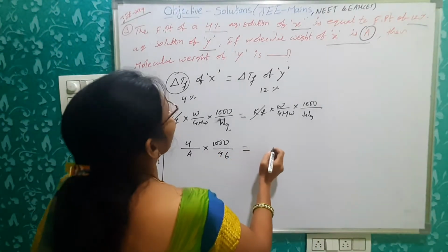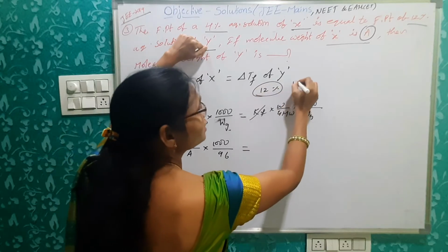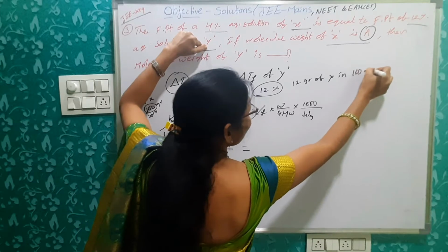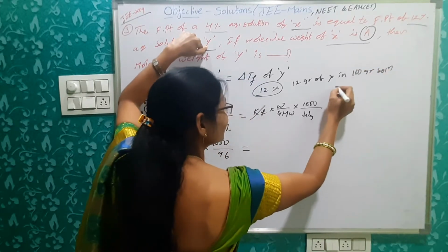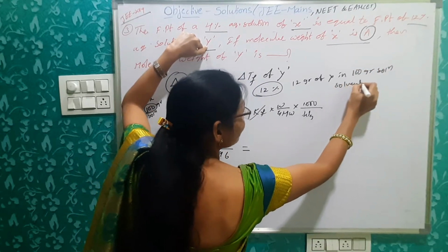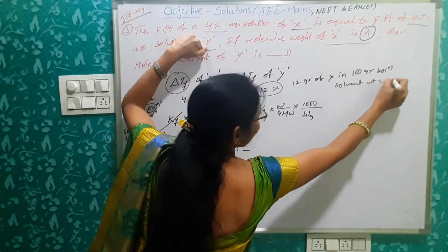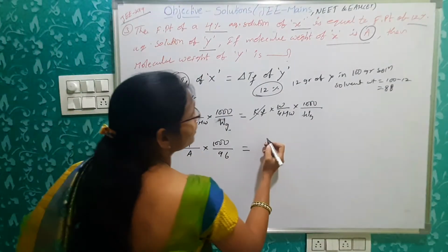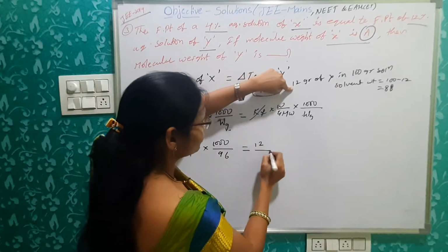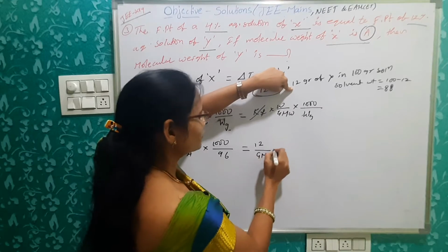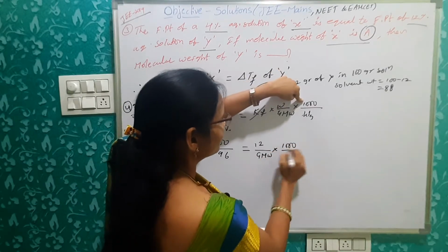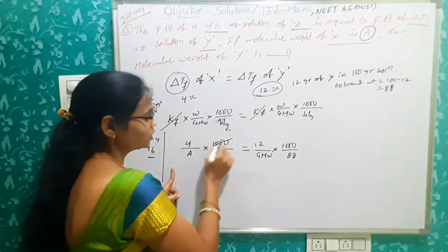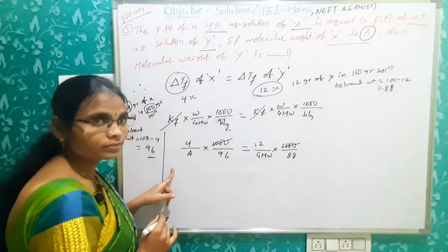Now, 12% means 12 grams of Y in 100 grams of solution. Means solvent weight is equal to 100 minus 12. How much? 88. Now, 12 grams of solute by gram molecular weight, we have to calculate, into 1000 by 88. Okay. Now, here 1000 mutually cancelled.